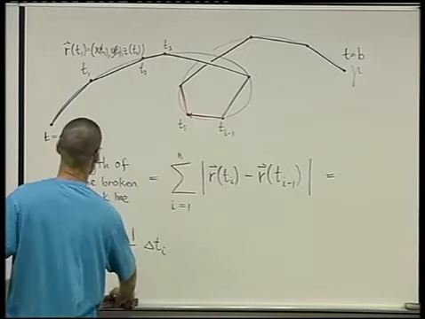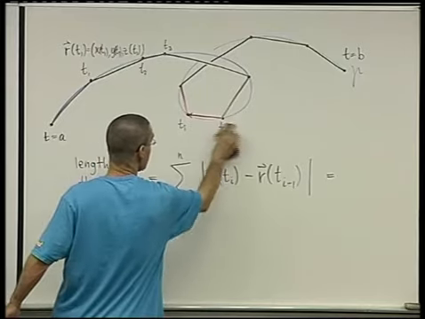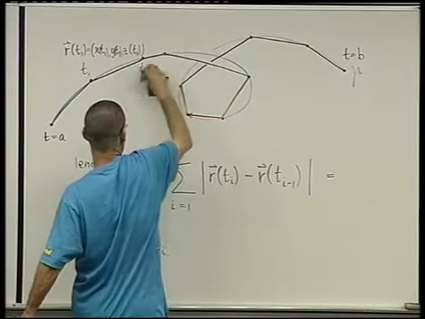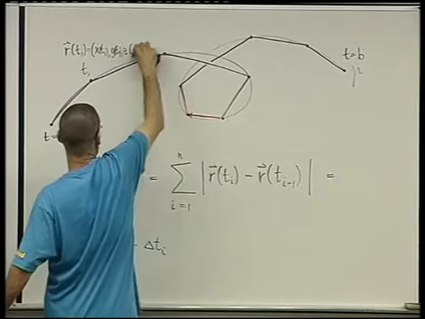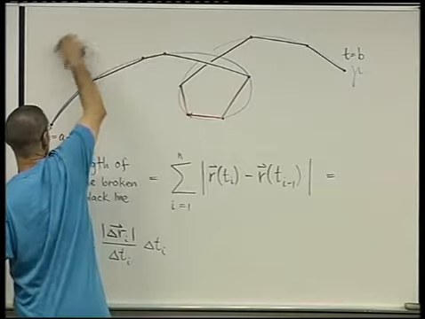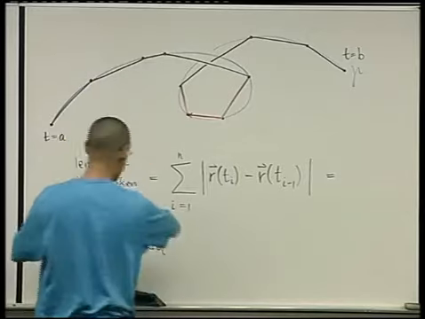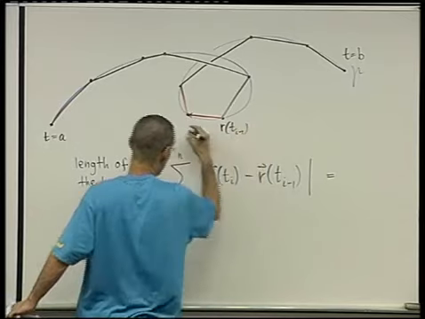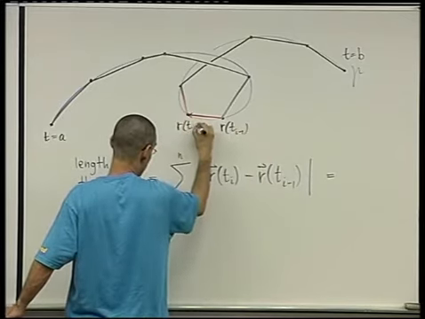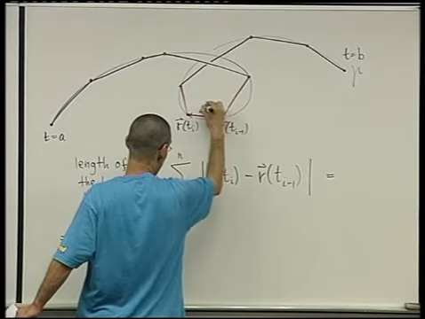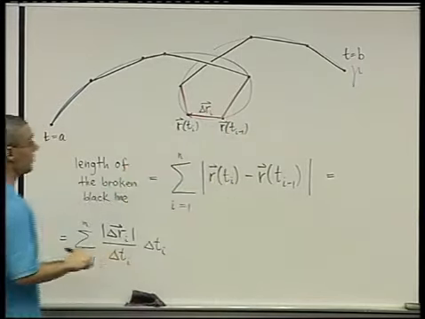I'm going to erase this because this is confusing. I don't want you to think that this is the point t something. Okay, so this point is r at ti minus 1, and this is r at ti, and this is delta ri, which is precisely their difference.